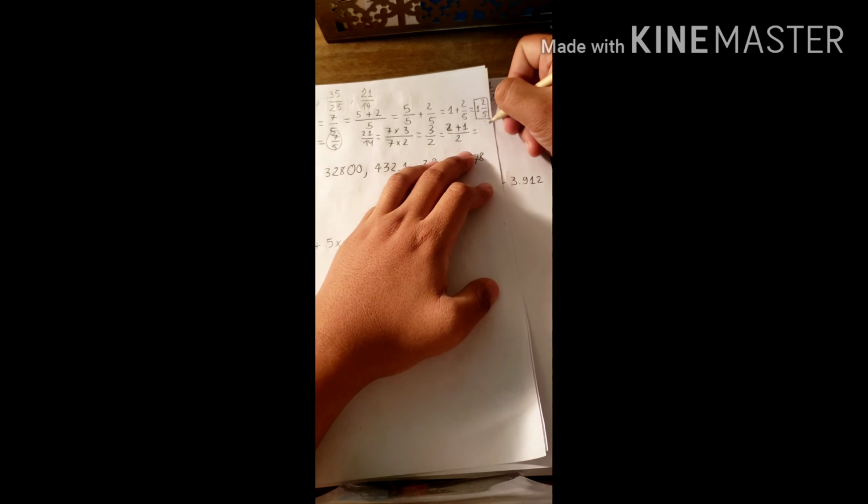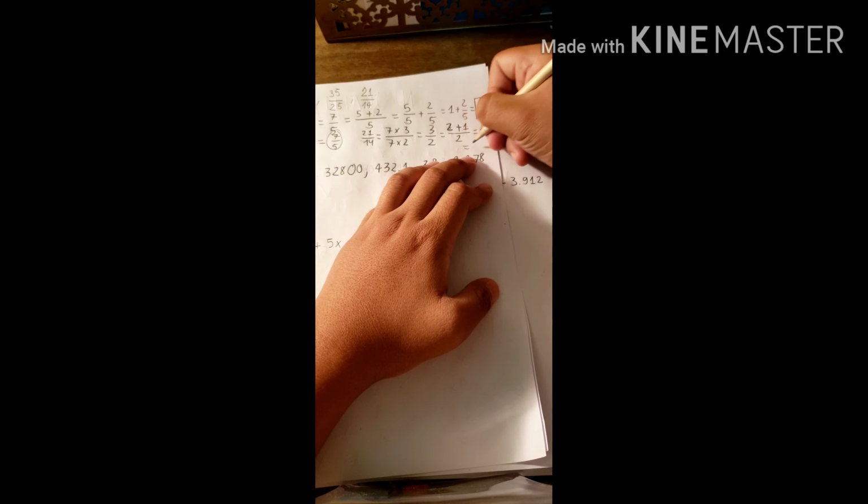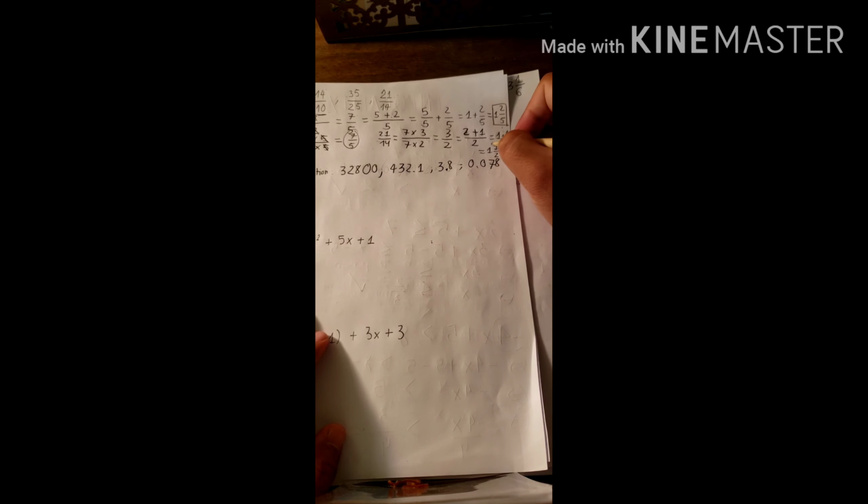So we can put 1 plus 1 over 2, and that is 1 and a half. So that's the first one. We need to know how to simplify the fraction.